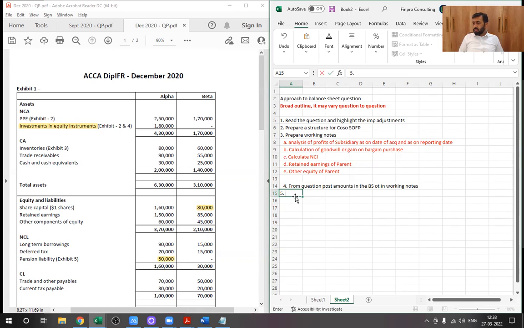Then read the adjustments and account for them in the SOFP and in working notes, and close the balance sheet. Close working notes and then the SOFP.